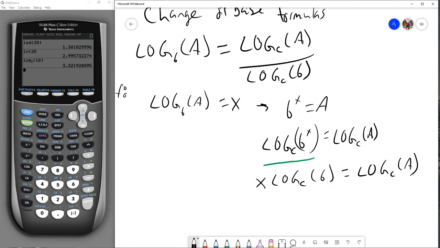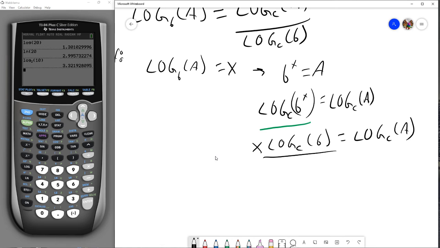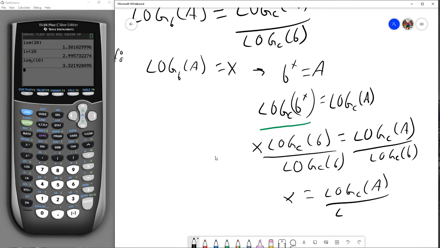I'm going to go ahead and get x by itself, so I'm going to divide out this log expression. I'm going to have to do that to both sides. What you do to one side, you have to do to the other. So now I have x is equal to log base c of a over log base c of b.